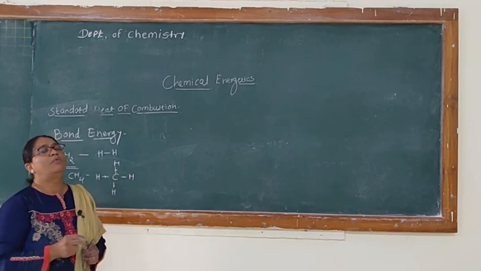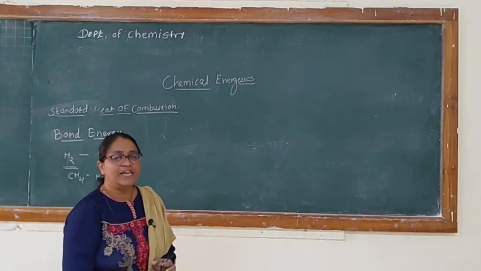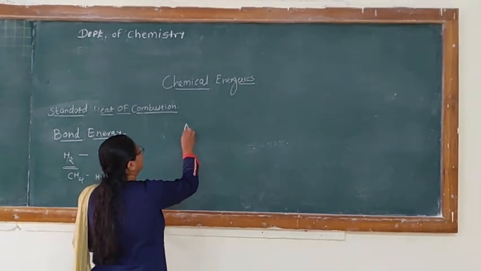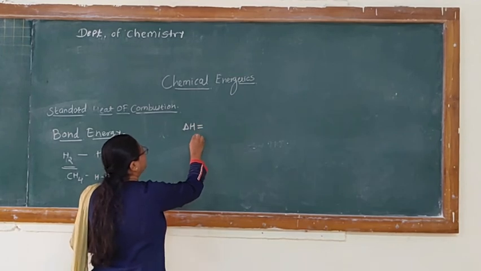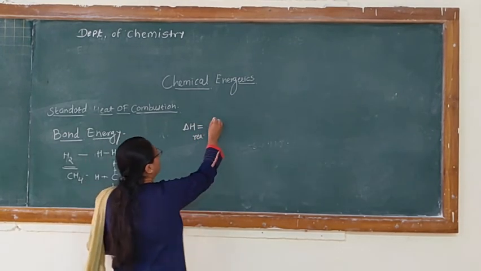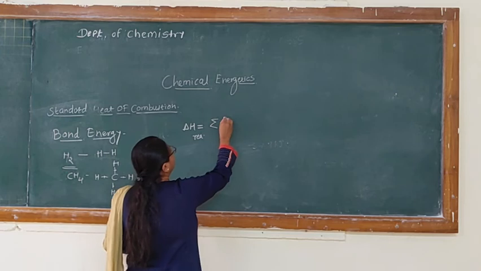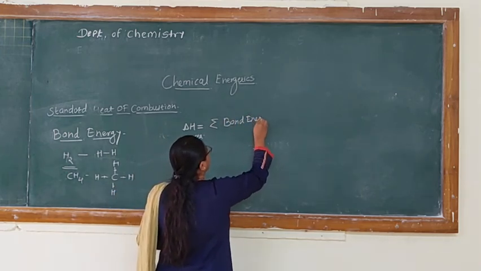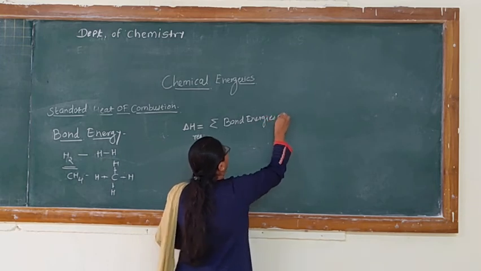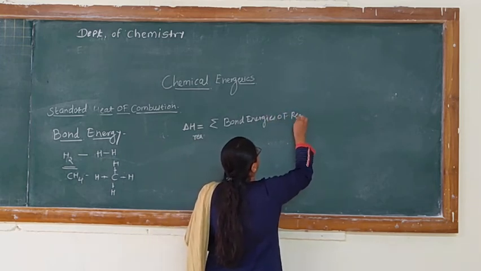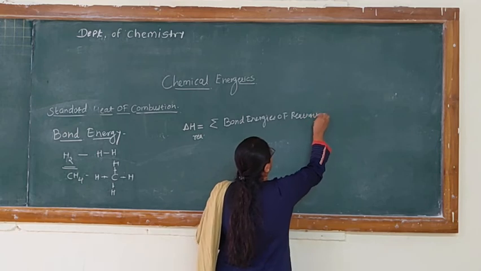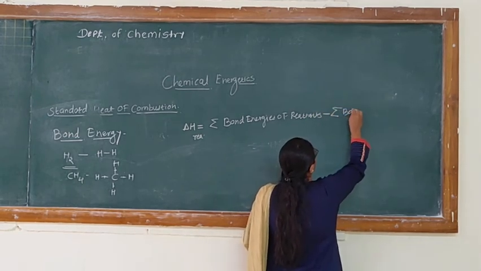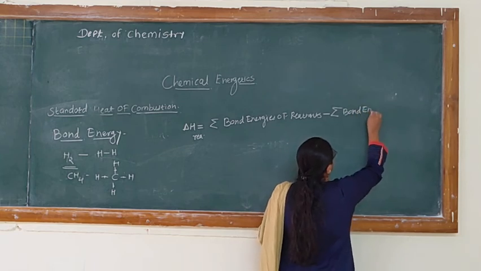Now, from the bond energies also, we can calculate the enthalpy of the reaction. The formula is: delta H for the reaction is equal to the summation of bond energies of reactants minus the summation of bond energies of products.